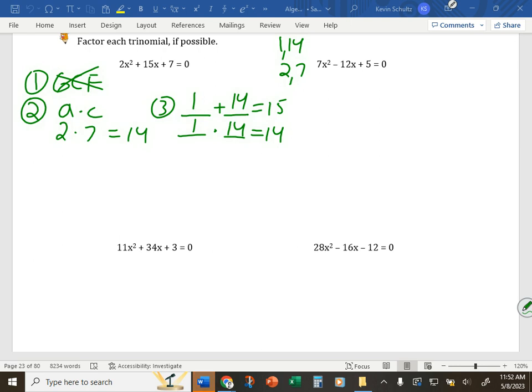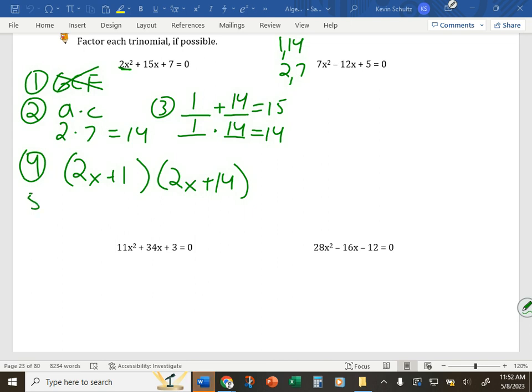Right. The setup, step 4 now. No GCF to put in front, but we're going to start our parentheses the same. They both get that 2x, that A term from up here. And then one of them gets the 1. The other one gets the 14. We cheated a little bit, but we're going to fix it.